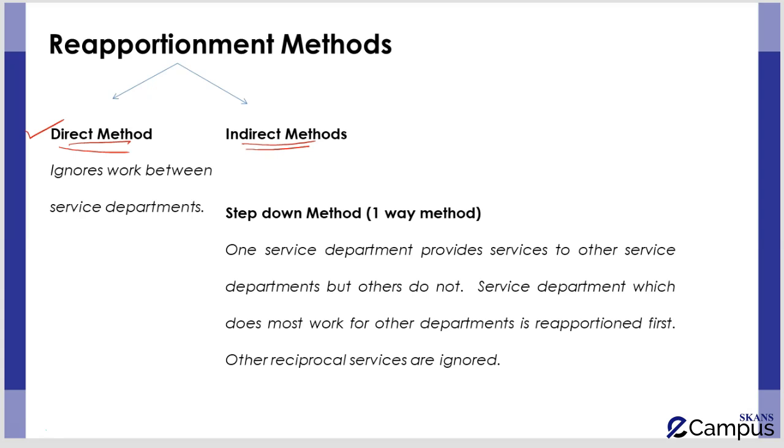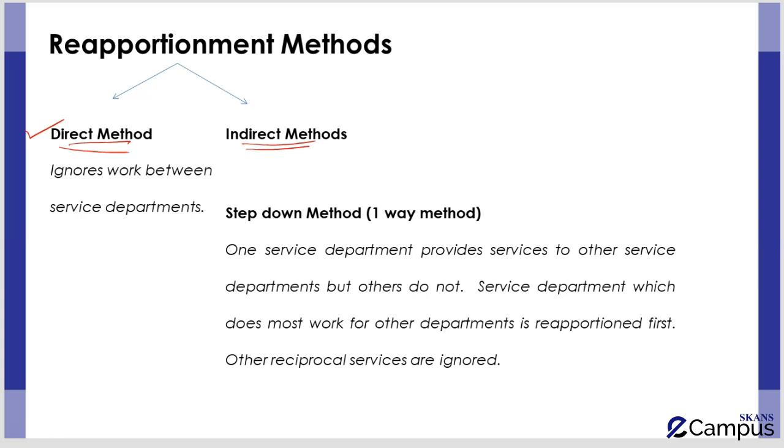If we have two service centers, stores and maintenance, both provide service to production centers, but they do not exchange services between them. Stores doesn't give any service to maintenance and maintenance is not giving any service to stores. So the direct method is suitable when service departments do not exchange services between them.